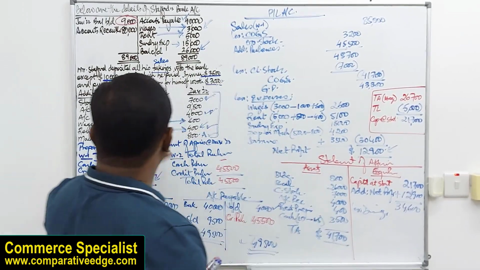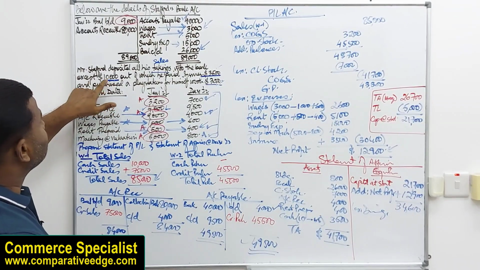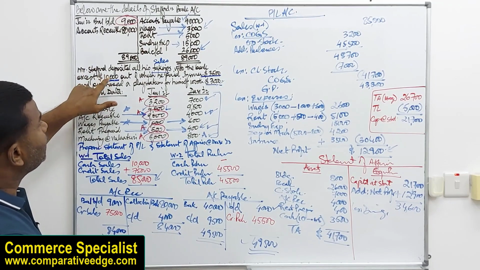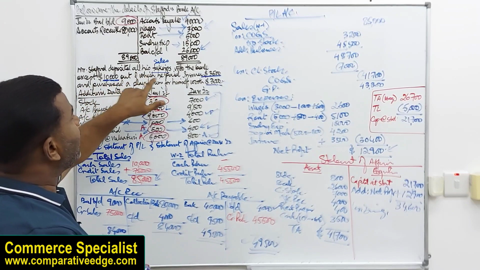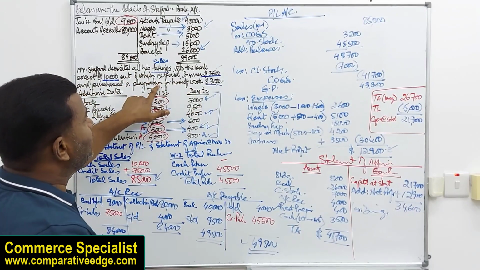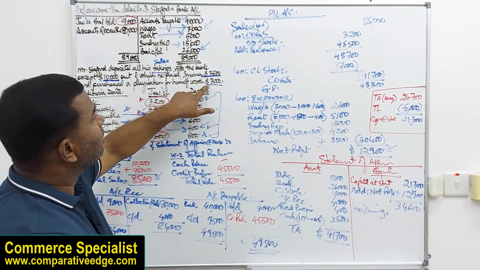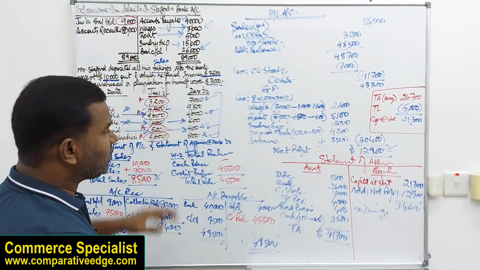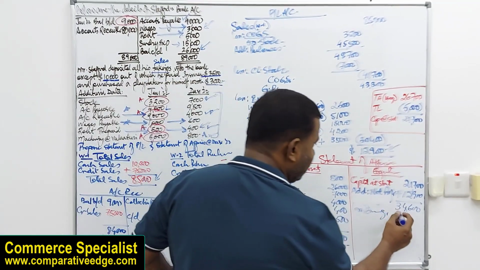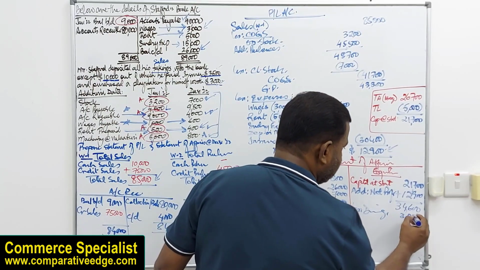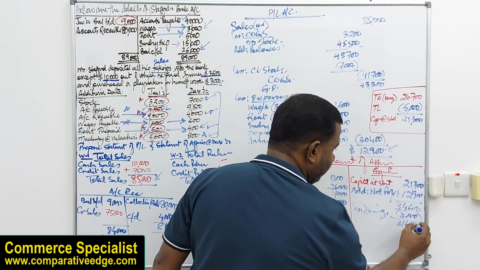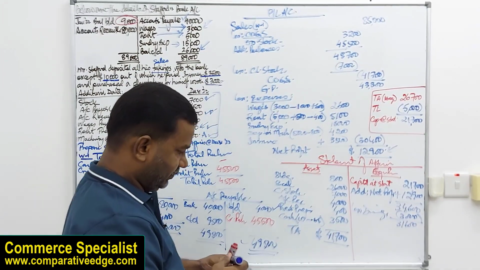So if you look at, this was Mr. Stafford's business cash sales, which we did not deposit in bank, and out of this business sales he used up 3,000 to buy PlayStation for himself. So PlayStation he bought for himself, which is for personal use. It's not a business expense. That's why drawings are 3,000 here. So when you minus, you will get 31,600, which is basically capital at end.